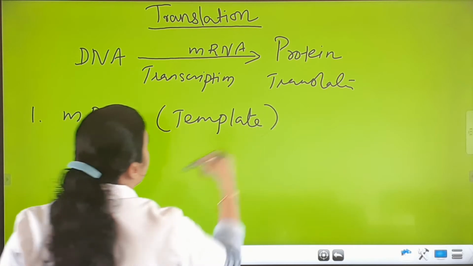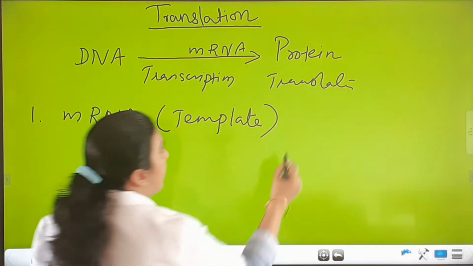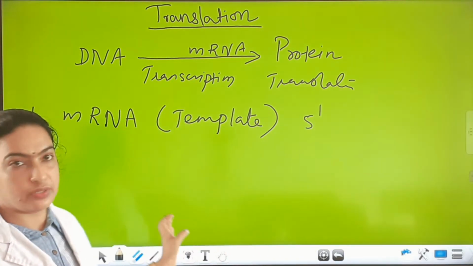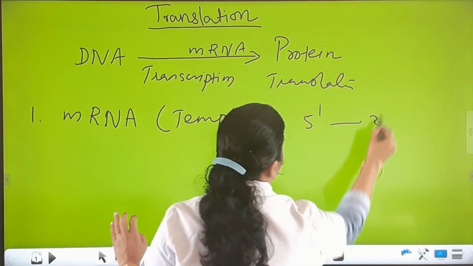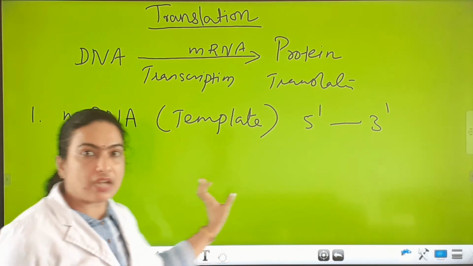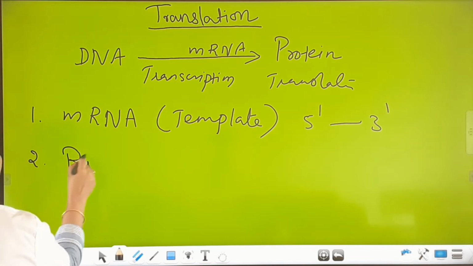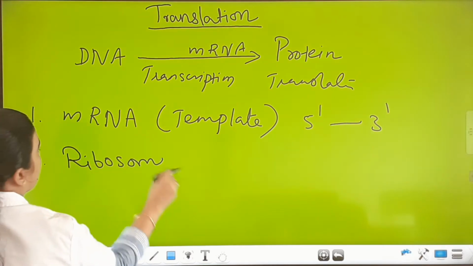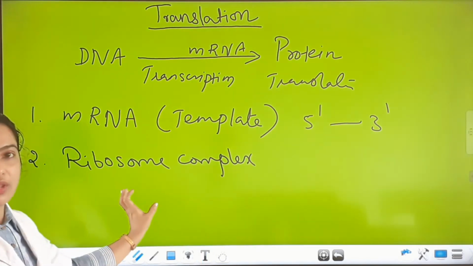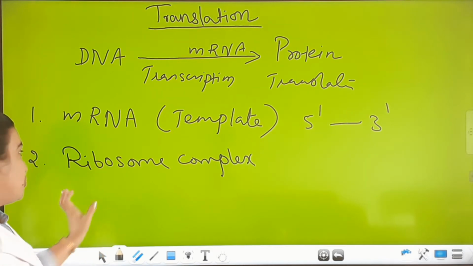So the mRNA strand acts as a template, and in mRNA the translation starts from the 5' end, 5' to 3' end. On mRNA the translation process gets started. And the second factor is the ribosome complex, which consists of a smaller subunit of ribosome and a larger subunit of ribosome.